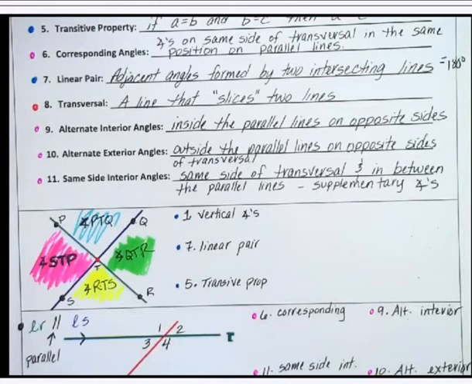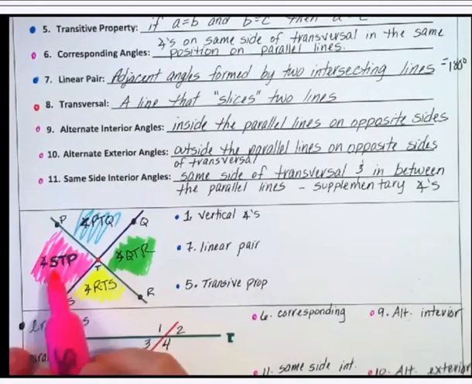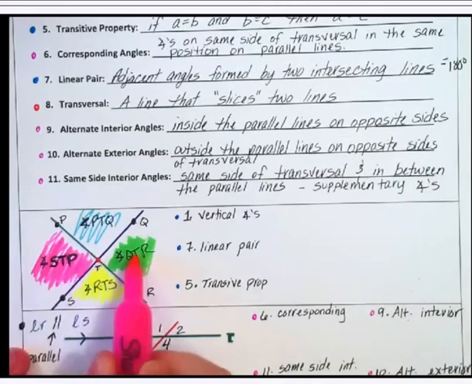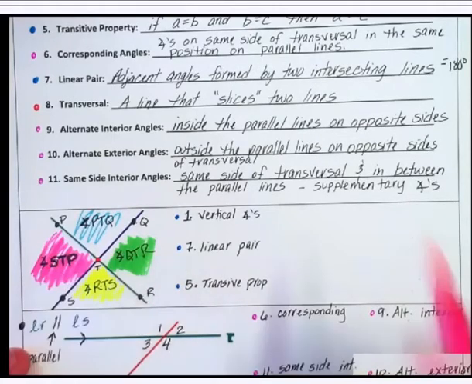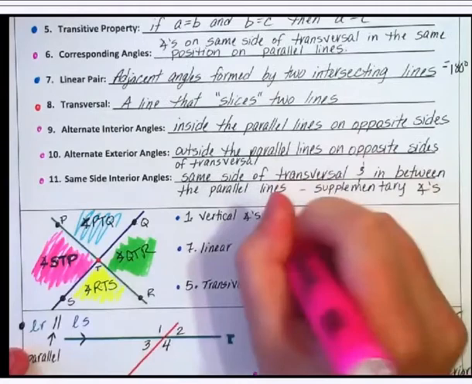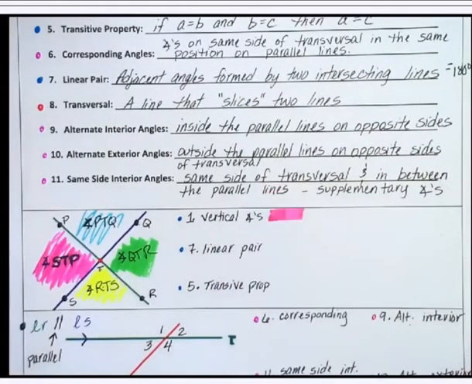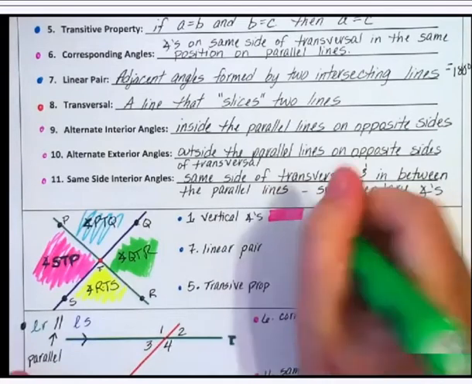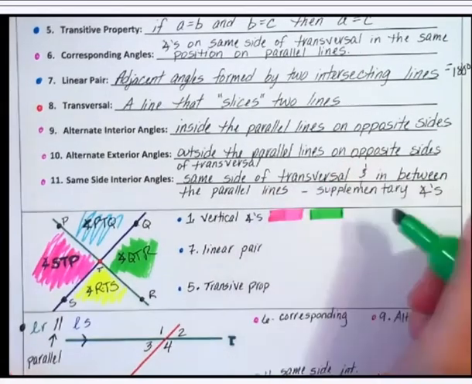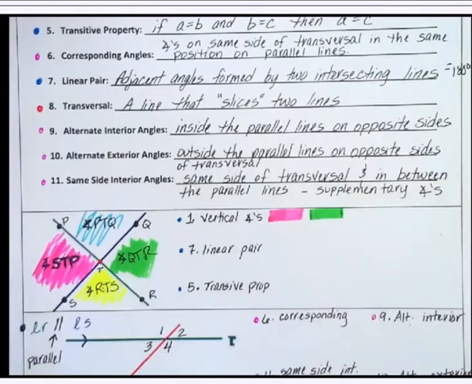All right, so the vertical angles are the ones that are directly across from one another. So pink and green are directly across from one another. These are a set of vertical angles.